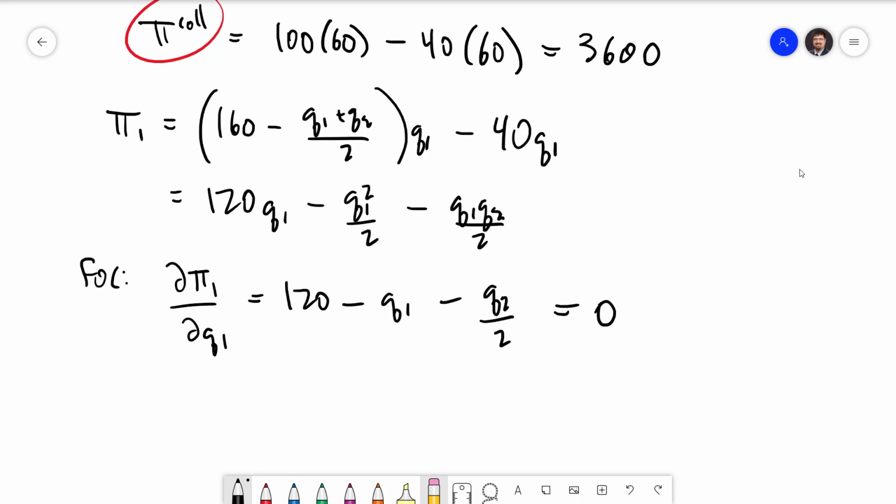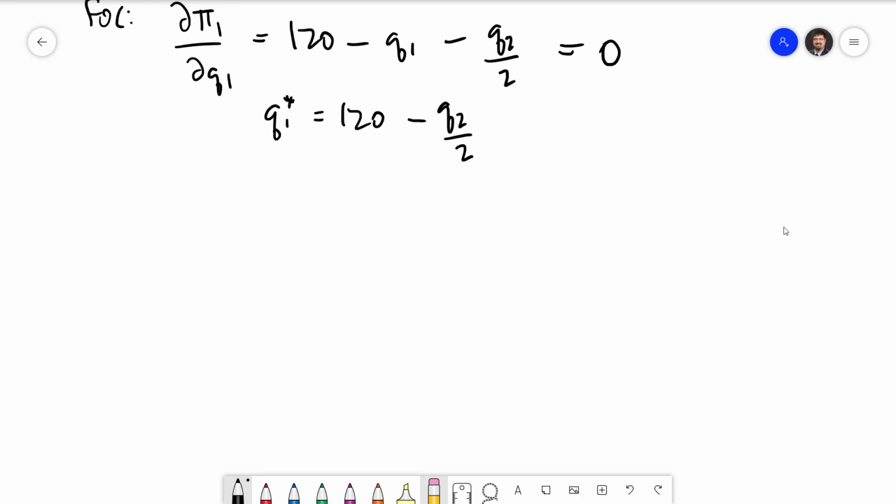From here, we can get our best response function by adding Q1 to both sides, which is going to give me Q1 star equals 120 minus Q2 over 2. From here, we could do the same thing for firm 2, but since we have complete symmetry in this problem, I'm going to apply symmetry and state that we know that in equilibrium, we're going to have Q1 equals Q2 equals Q Cournot.